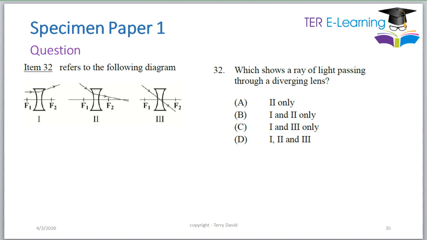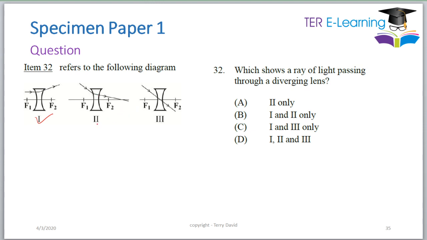Now, number 32, we have some ray diagrams, and these are for a diverging lens, and they want to know which one is correct. Now, when a ray is parallel to the principal axis, it bends this direction, so therefore this diagram is correct.